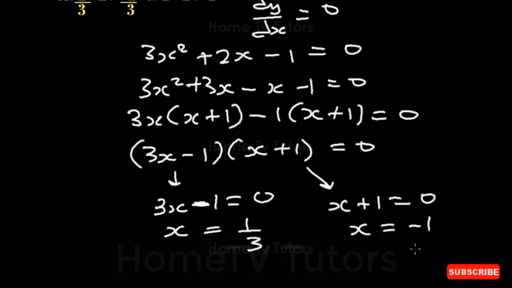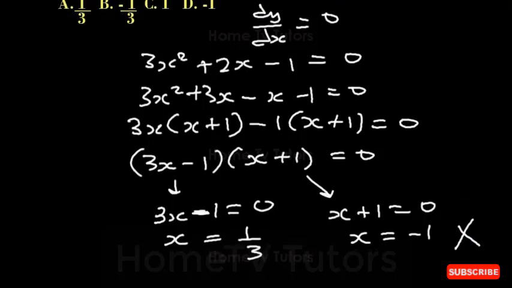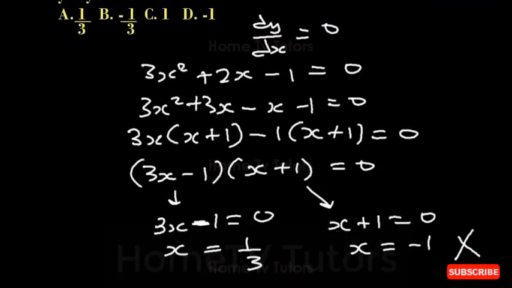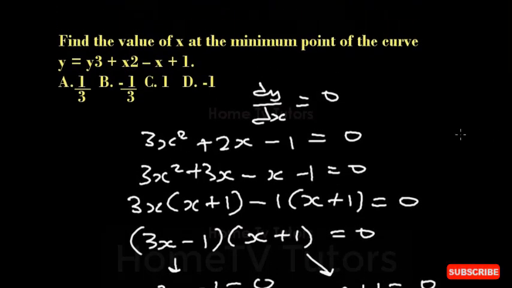But x cannot be negative at the minimum point. So 1 over 3 is the value of x at the minimum point of the curve. So answer option A is the right answer.